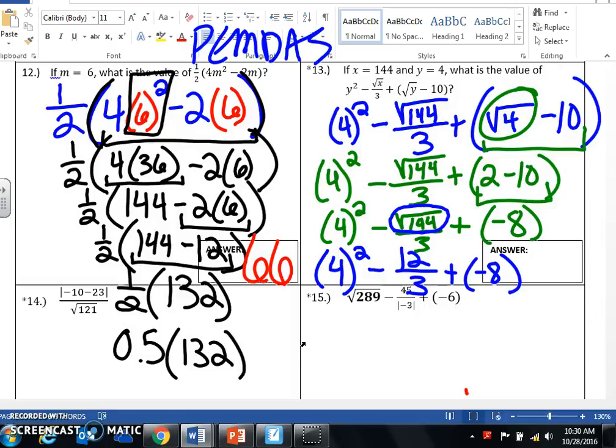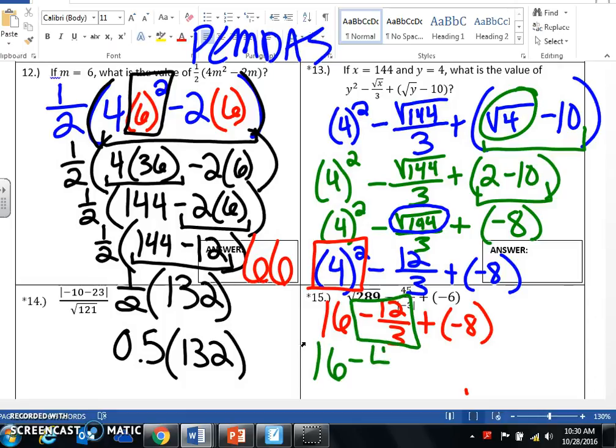Now I have exponents. 4 squared is 16. Now I've got division. A negative 12 divided by 3 is a negative 4. While we're at it, a positive and a minus is a minus. And now I'm just going to put that in my calculator exactly as I see it. 16 minus 4 minus 8 gives me a positive 4.